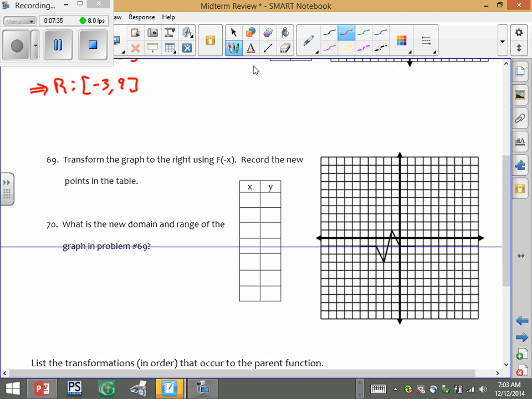So if we wanted to transform the graph doing f of -x, that's a horizontal reflection, which means multiply the x's by -1.